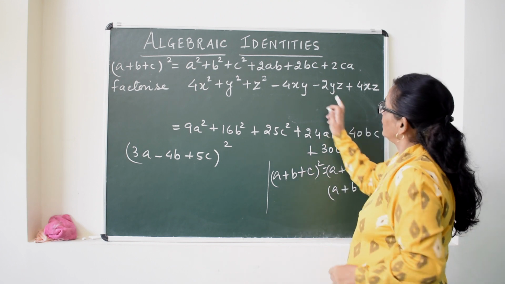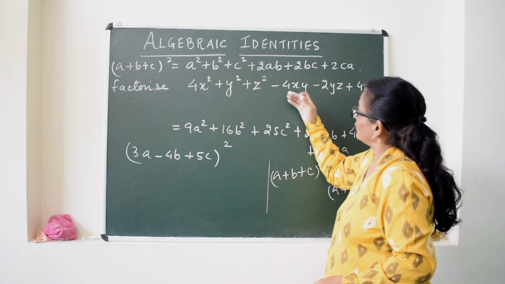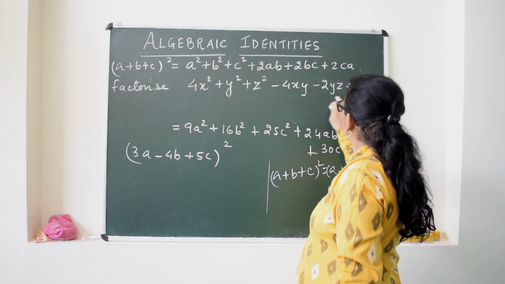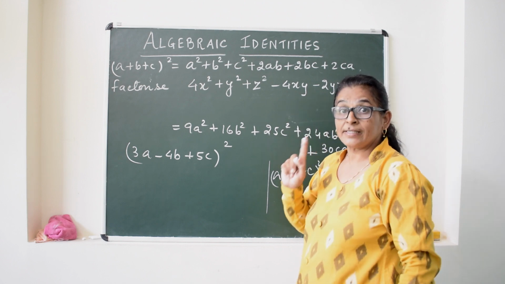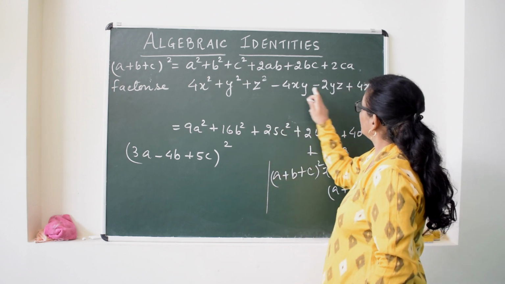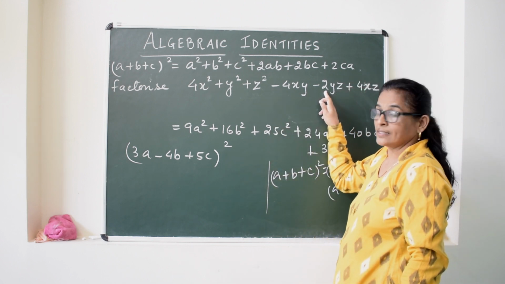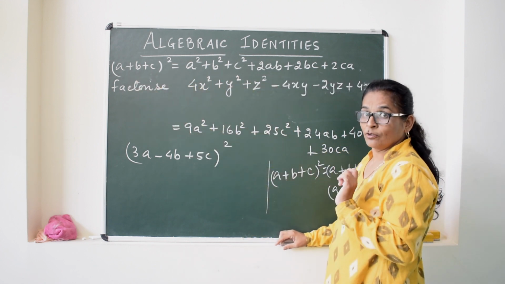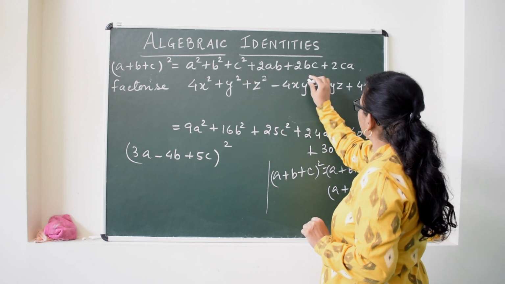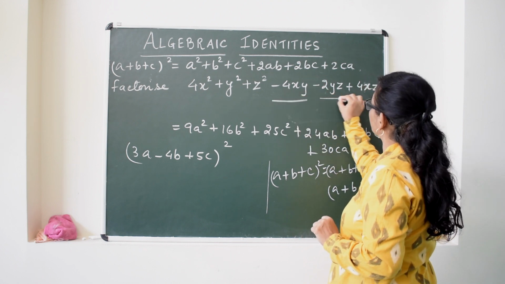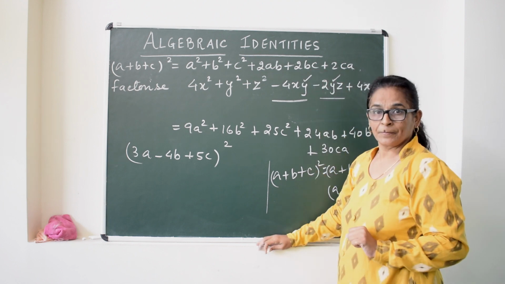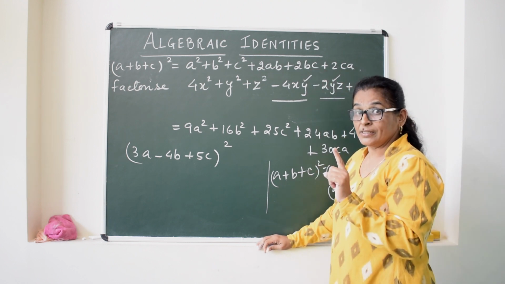So in the same way, if the question is this, then we have to go back to the left hand side. Now, when the question is given in this form, we will check the signs as the very first thing. So two terms are negative. Now we will check what is common in these two terms. The common variable is y. It means the middle term is negative.